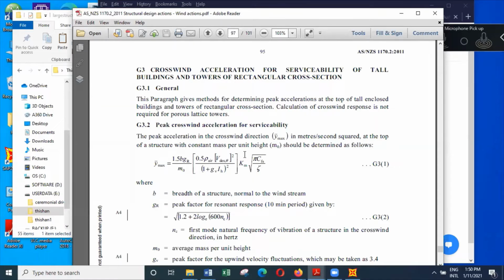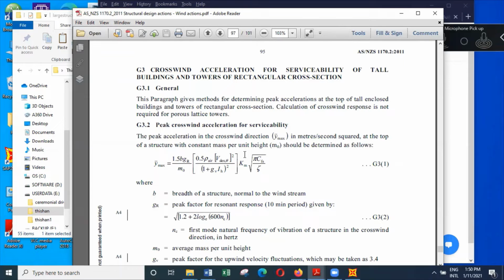So if you are designing a tall building, then it's useful to make this check, because if you find that the building is moving too much after the construction, then it will be difficult to correct it. So it's better to take all the precautions at a very early stage.